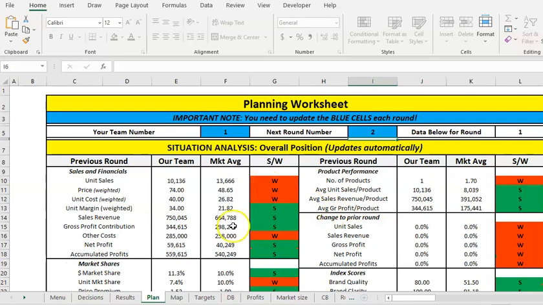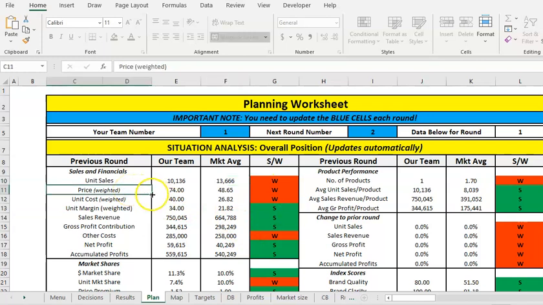So if we are better than the average in the marketplace, this is not against competitors, but the average score, we get an S, which is good. If we're equal or worse than, it's a weakness. So you can see we've got 10,000 in sales, average team's getting 13, so that's not good.